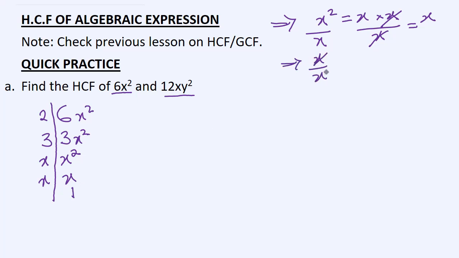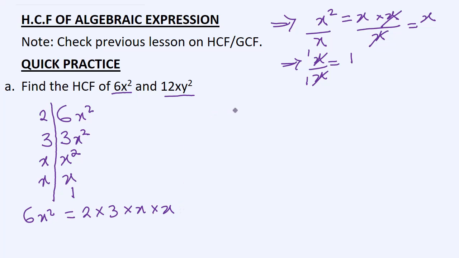Whenever a number divides itself, it is always 1. 6x squared, let's express this as a product of its prime factors. So doing that, we have 6x squared becomes 2 multiplied by 3 multiplied by x multiplied by x.